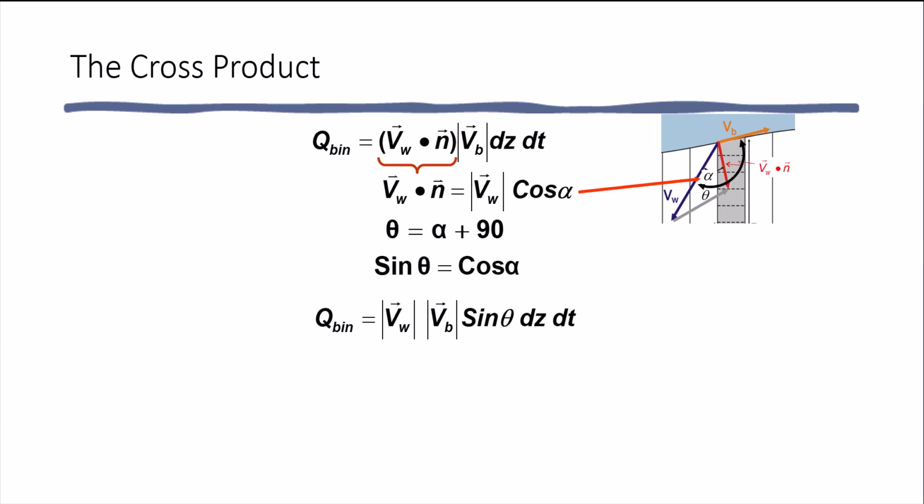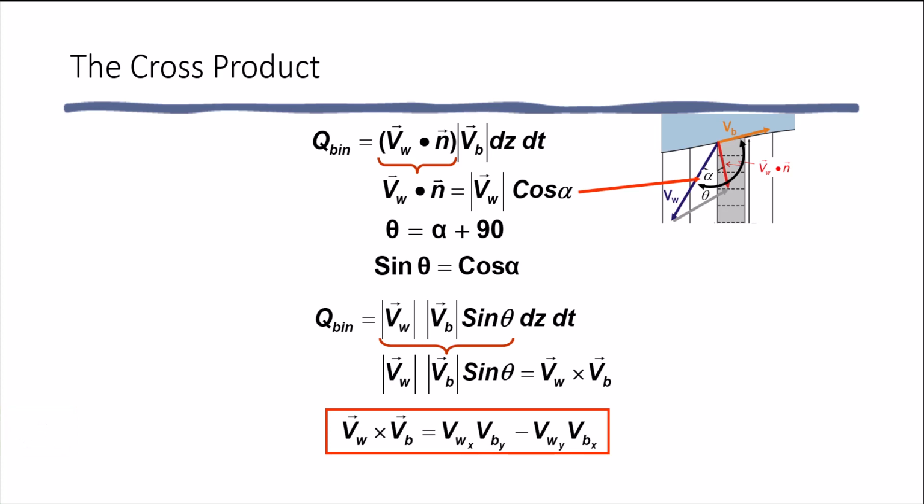We can now redefine the product of the boat and water speed and the sine of theta as the cross product of the water and boat velocity vectors. The cross product of the water and boat velocity vectors equals the x component of the water velocity times the y component of the boat velocity minus the y component of the water velocity times the x component of the boat velocity.